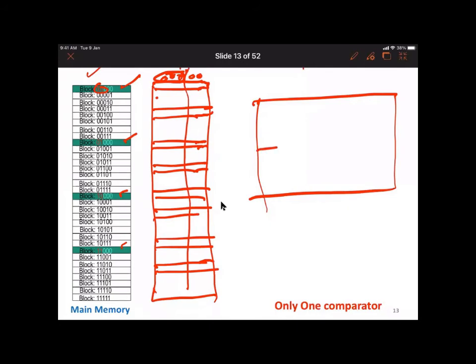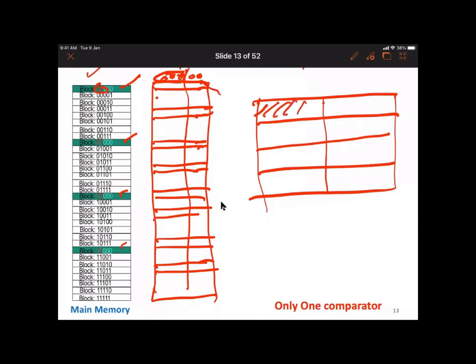Now the structure is as follows. We have 4 sets of 2 blocks, right? So now any one of the 8 can come here in the beginning. Let's say the memory reference corresponds to this, it comes here, and now any one of the remaining can come to the other place.